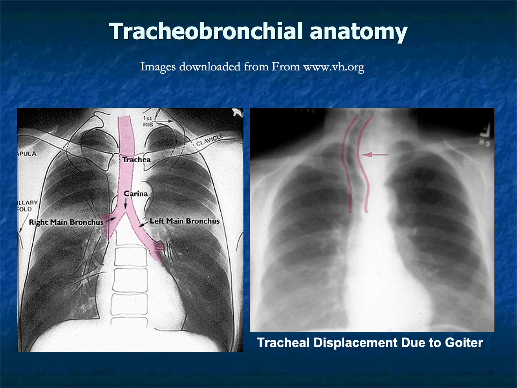Anatomy guides decision-making. Here we see an example of tracheal displacement caused by a goiter. This reminds us that airway anatomy is influenced not only by intrinsic airway disease, but also by surrounding structures within the neck and mediastinum.